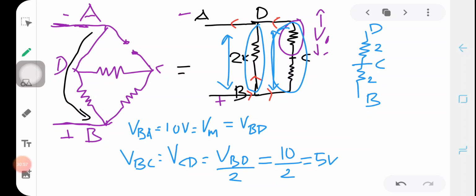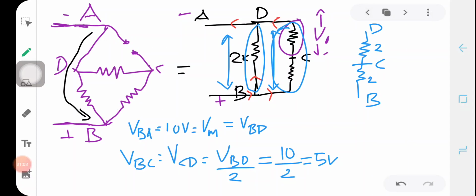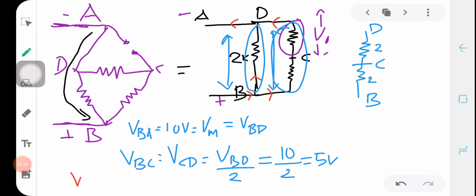So the voltage across this is 5 volt. Now the voltage across CD, that is the required value, the load resistance connected across CD, is again 5 volt.